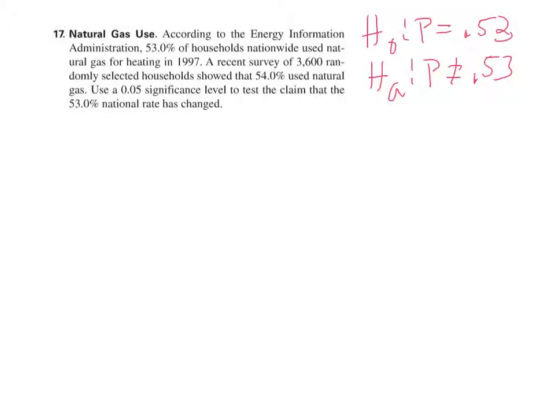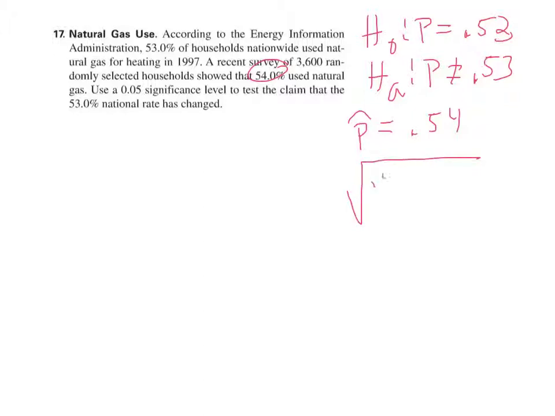So we know that this 54% is p hat. That came from the sample. And we're trying to see if it's far enough away from this middle to say something's going on. So since we're assuming that 0.53 is the middle of this distribution, that's what we're going to use to calculate the standard deviation.